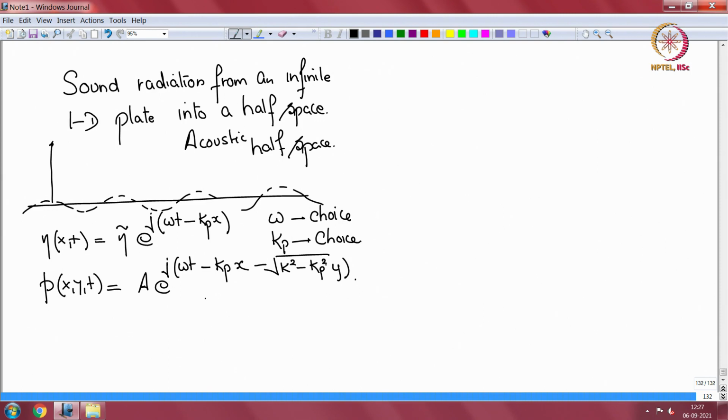This is the y wave number ky. Ky happens to be of this form, plus minus square root of k square minus kp square, where k is again my acoustic wave number.